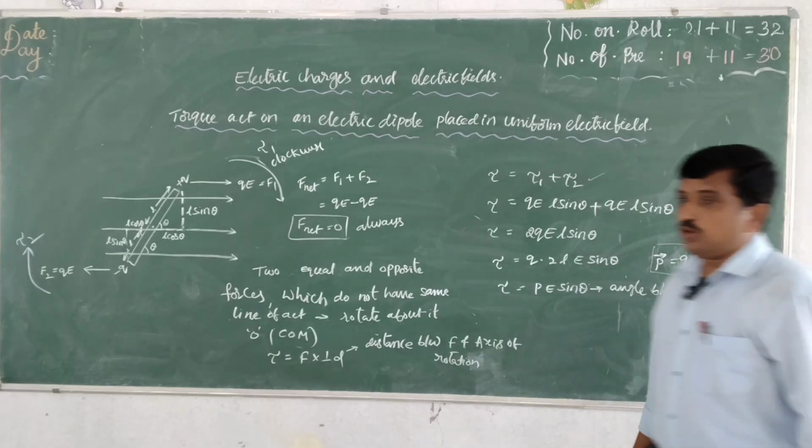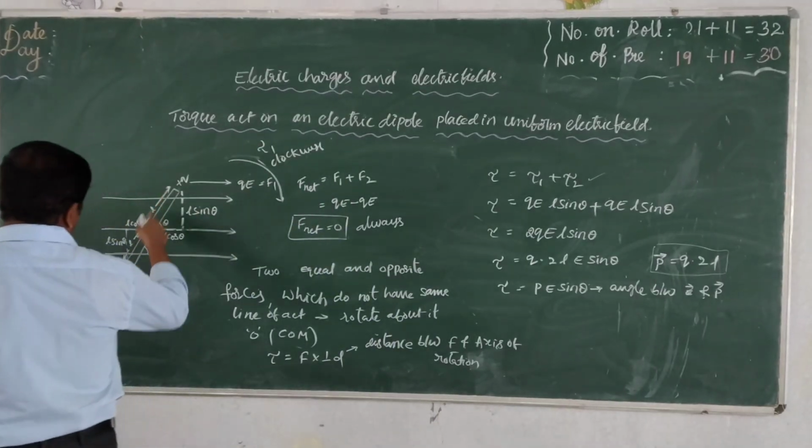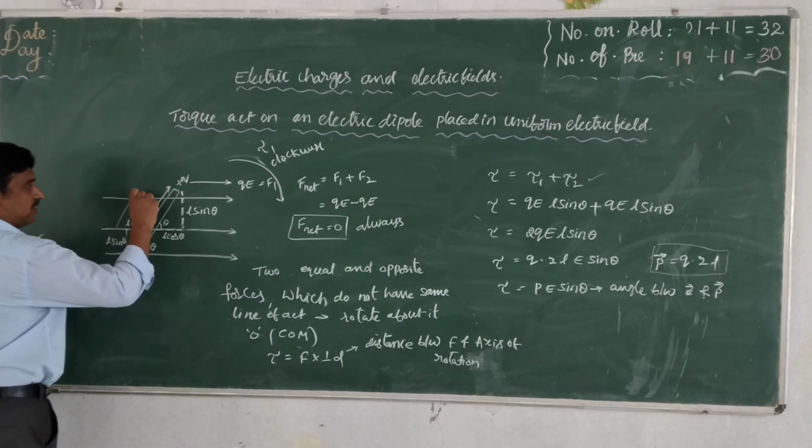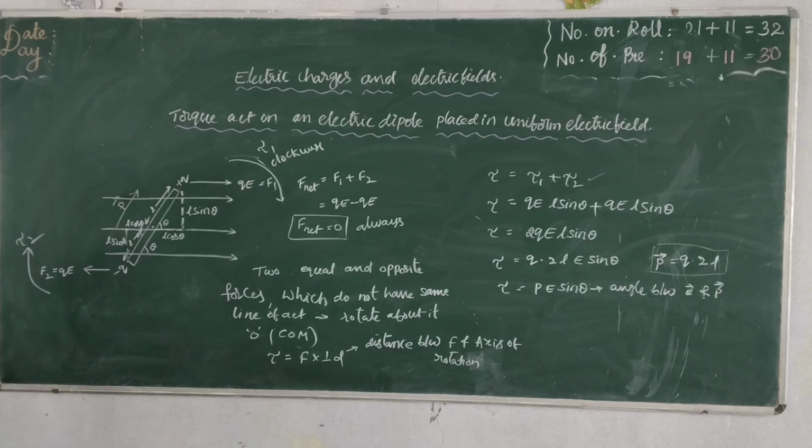Theta is the angle between the electric field and the electric dipole moment. This is the direction of the electric dipole moment, and the electric field is in this direction.